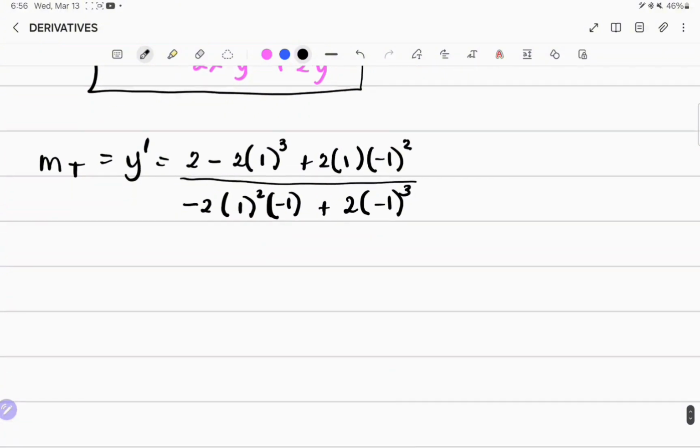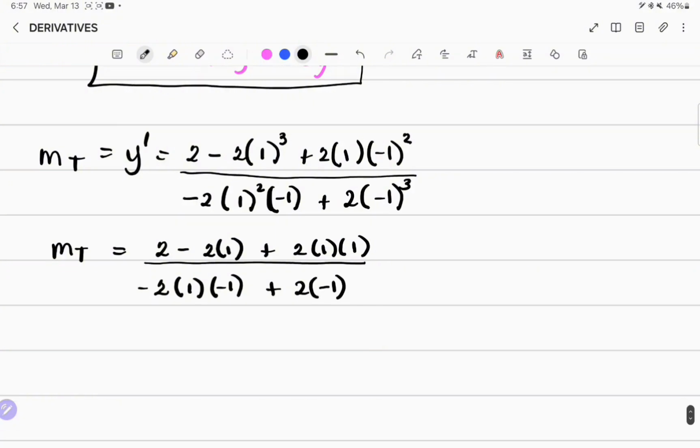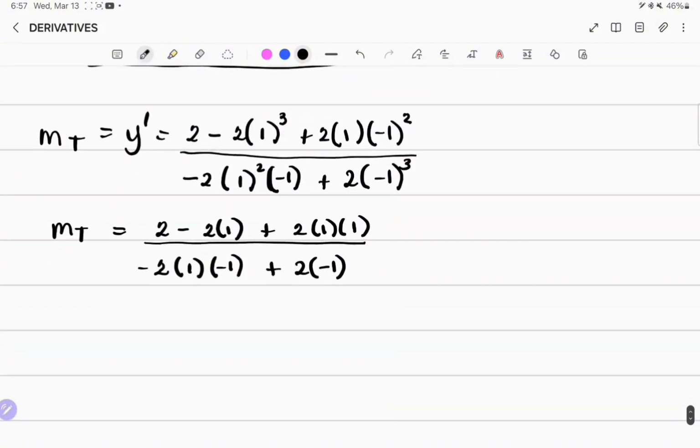So let's evaluate this. The slope of the tangent line is 2 minus 2 times 1 plus 2 times 1 times 1, over, evaluating the exponents, negative 2 times 1 times negative 1 plus 2 times negative 1. Then we proceed to multiplication.